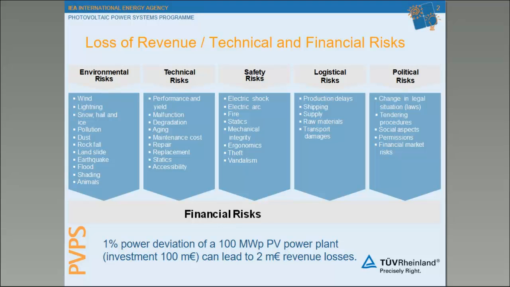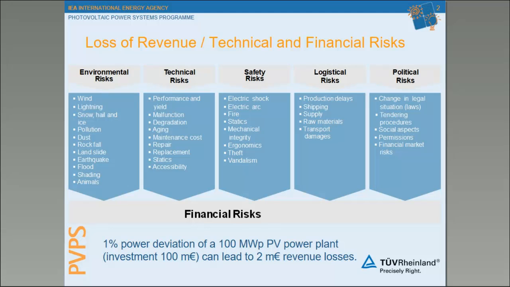As a motivation for the next 20 minutes, I would like to share this slide with you. We have to deal with and consider different risks from the planning phase through operation, installation, and end of lifetime. It starts with environmental risks, which are often due to the location of the PV plant, then typical technical risks such as performance and yield losses, degradation issues as we have seen on the component side in the previous talk, as well as maintenance and repair issues.